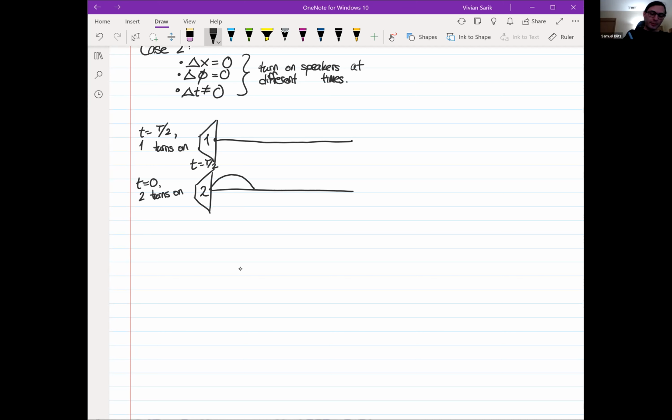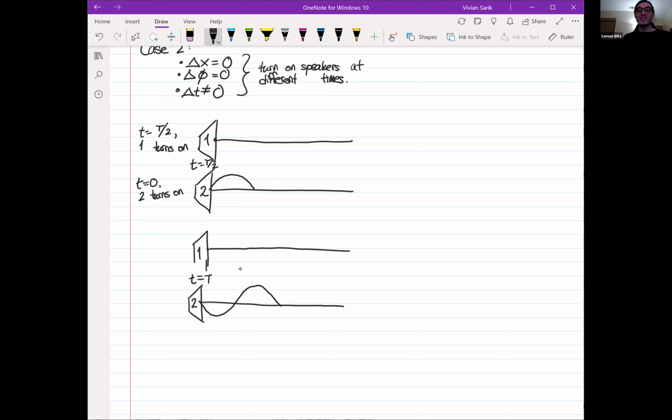And then we can ask what happens at a later time. Speaker 1, speaker 2. So at t equals the full period, at t equals T, well, the wave 2 will have gone another half a period, so it'll look something like this.